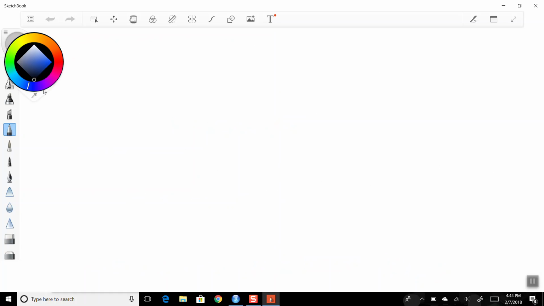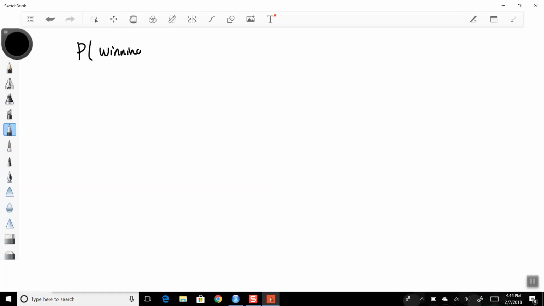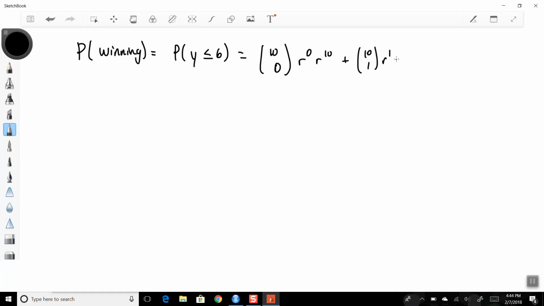So basically, now, if we ask what's the probability of winning, which is what's the probability that y is less than or equal to 6, this becomes 10 choose 0, R to the 0, (1 minus R) to the 10, plus 10 choose 1, R to the 1, times (1 minus R) to the 9, plus so on and so forth, up to 10 choose 6, R to the 6, times (1 minus R) to the 4th, okay?